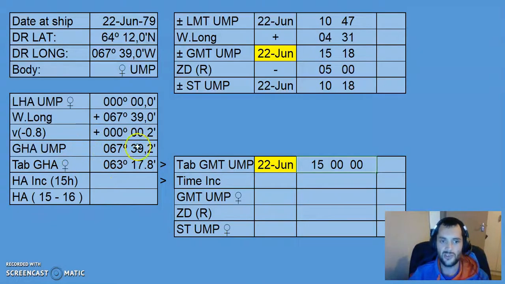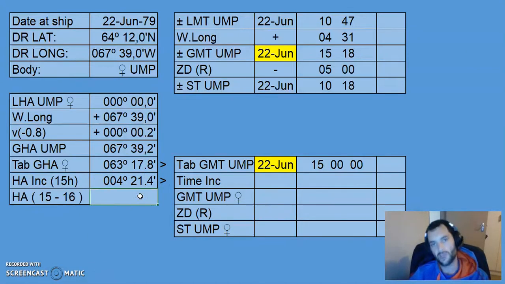So if that's the actual GHA, and that is the tabulated GHA, then we subtract those two, and that will give us an actual increment of 4 degrees 21.4 minutes. This 4 degrees 21.4 minutes will now be applied to the total change.